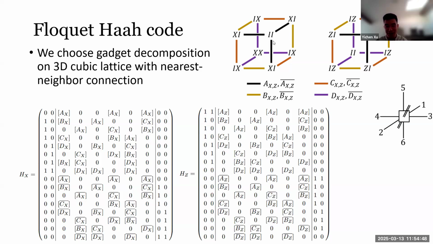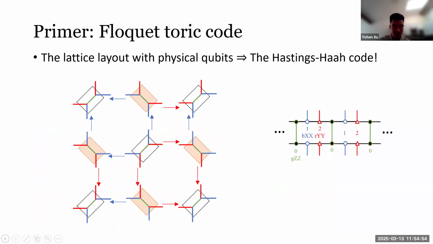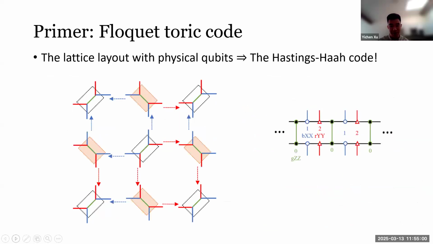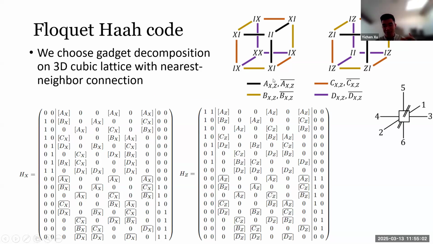Now you just follow the steps that we did for the toric code. Remember, for the toric code, every site is involved in these 8 encoding maps, so you write down the encoding maps. But to keep track of all of them, let's write a matrix. The matrix should be understood like this: the first 2 columns are the incoming legs, and the rightmost 2 columns are the outgoing legs.